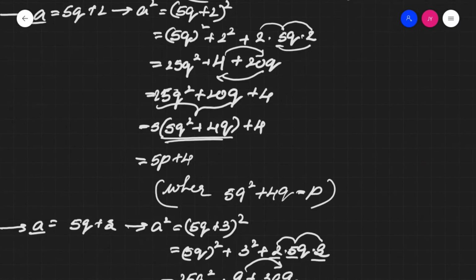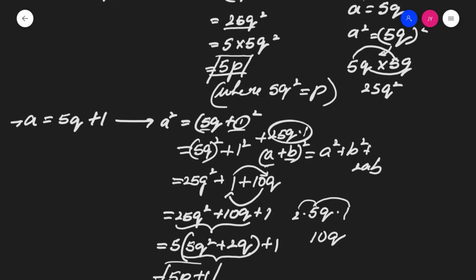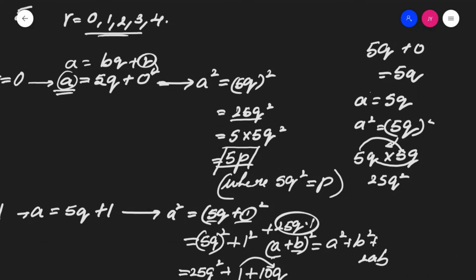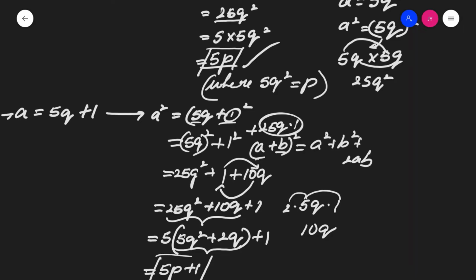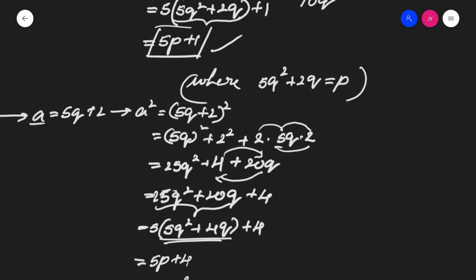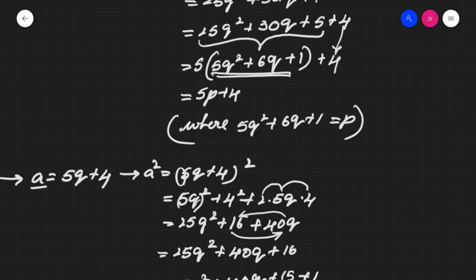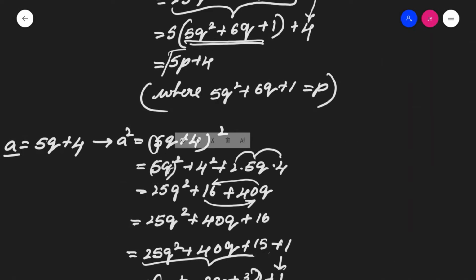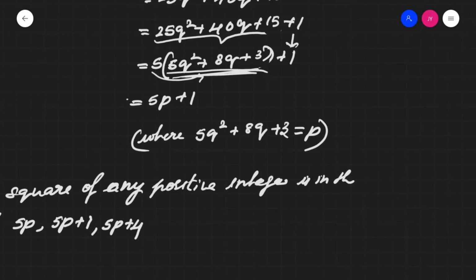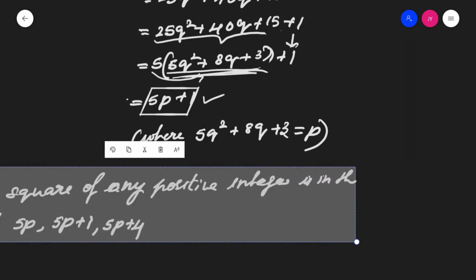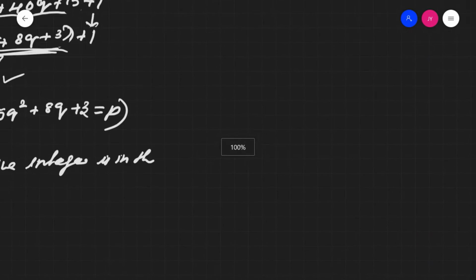So we can see that when we square a here, we get 5p, 5p plus 1, 5p plus 4, again 5p plus 4, and 5p plus 1. Right?